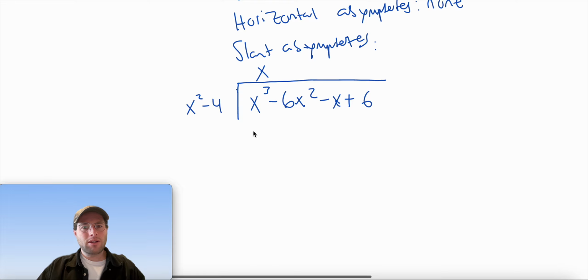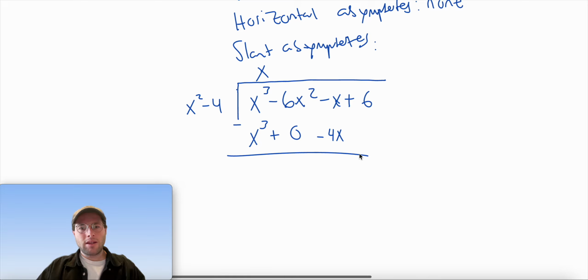So x times x squared, x cubed, that's what we wanted. And then x times -4 is going to be a -4x. But we want to be careful and write that under the other x term raised to the first degree. So we keep everything lined up, and we'll fill in a placeholder here with a 0.